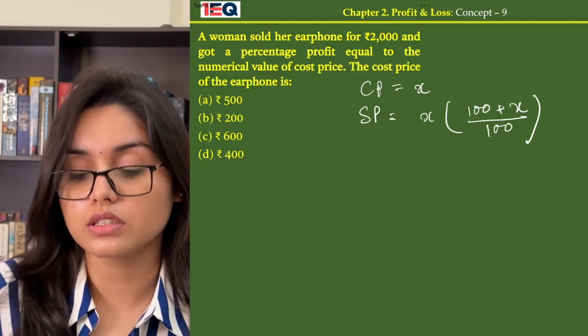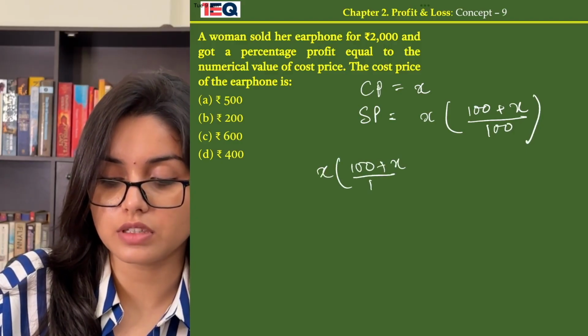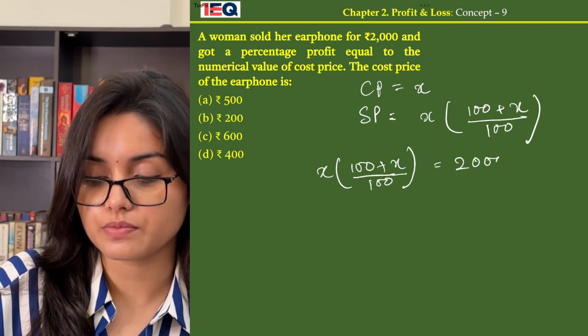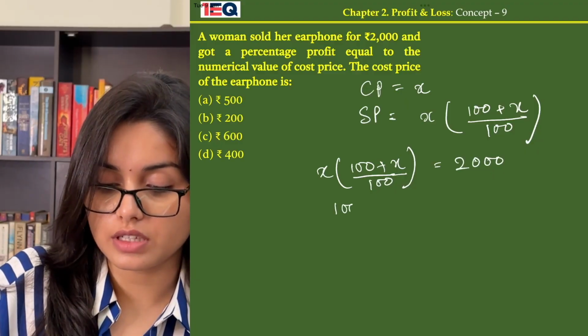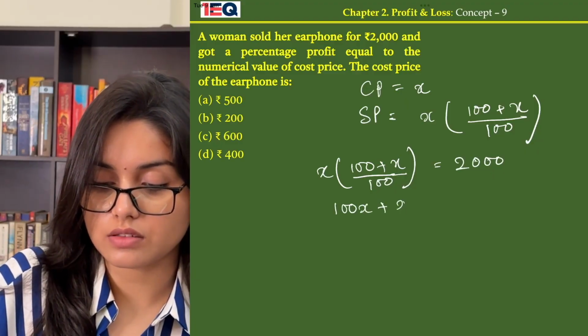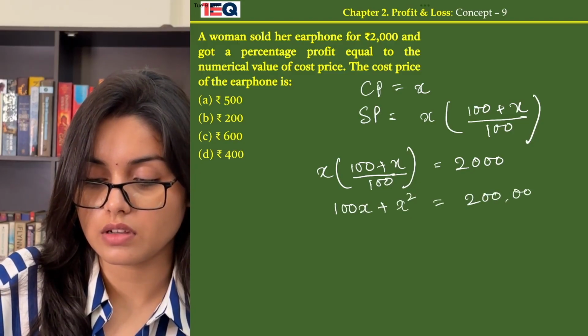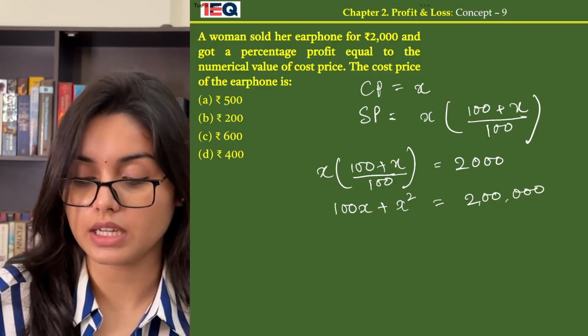Now, according to the question, X into (100 plus X) by 100 is equal to 2,000. On solving this, we get 100x plus x square equals 2 lakh, as 2,000 into the 100 that went that side becomes 2 lakh.